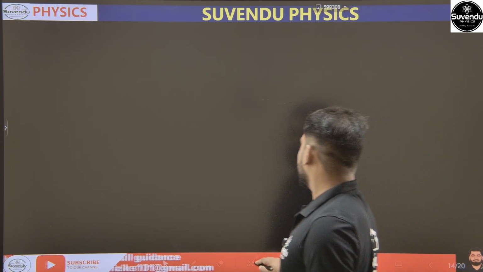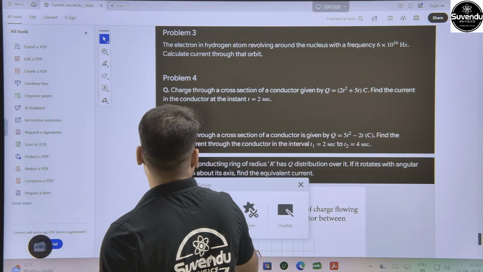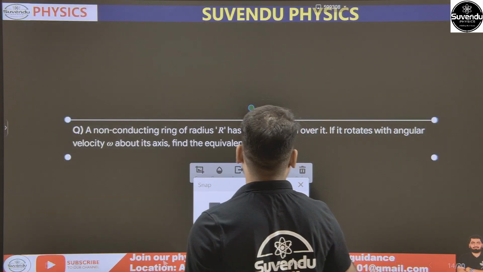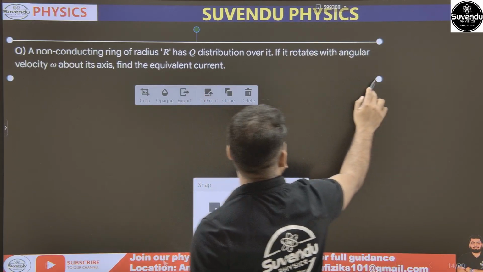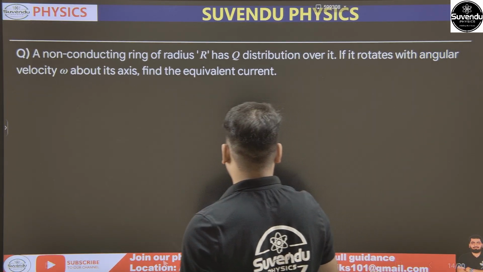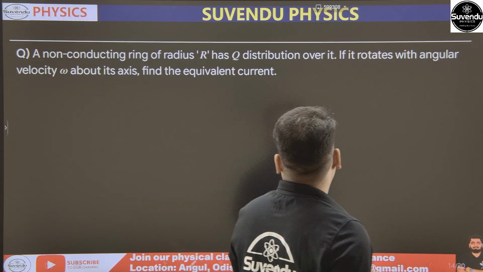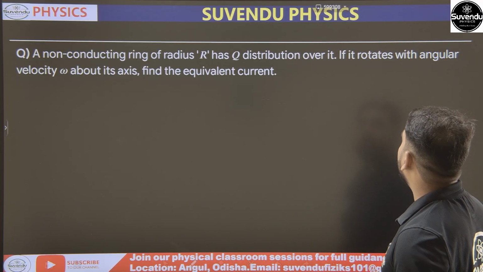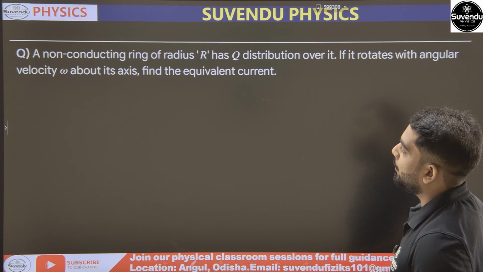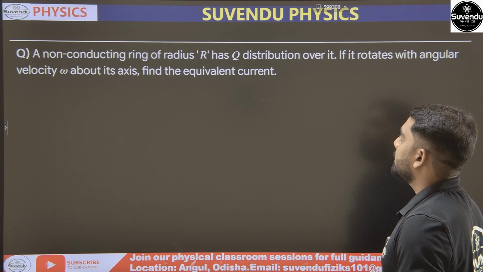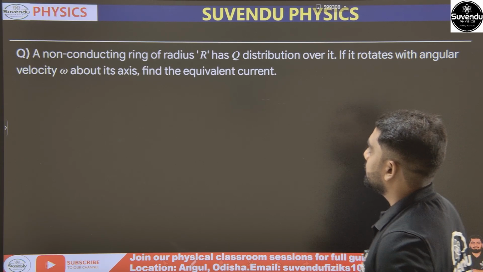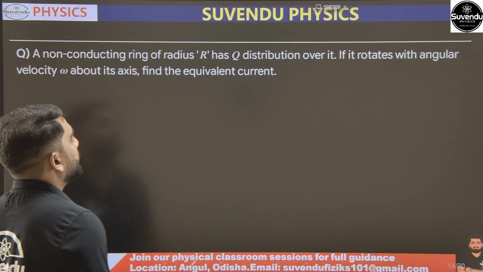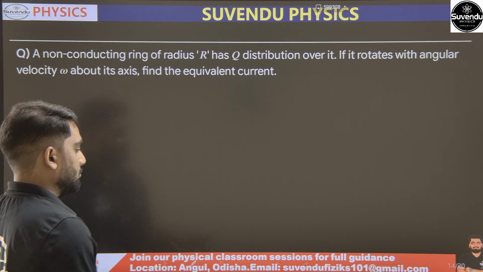Next is our problem number 6. See what the question is telling now. A non-conducting ring of radius R has a charge Q distribution over it. It rotates with angular velocity omega about its axis. Find the equivalent current.